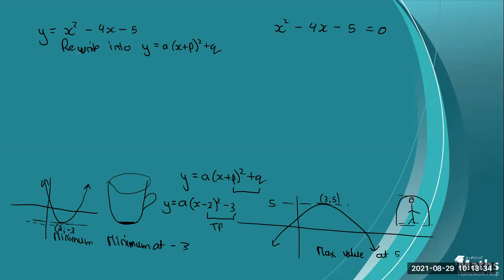So the method we use is, firstly, I'm going to write it down here. You must get the x squared alone. The coefficient of x squared must be alone. So get x squared alone. So we're going to, well, it's already alone, right? Because that is just a 1x.